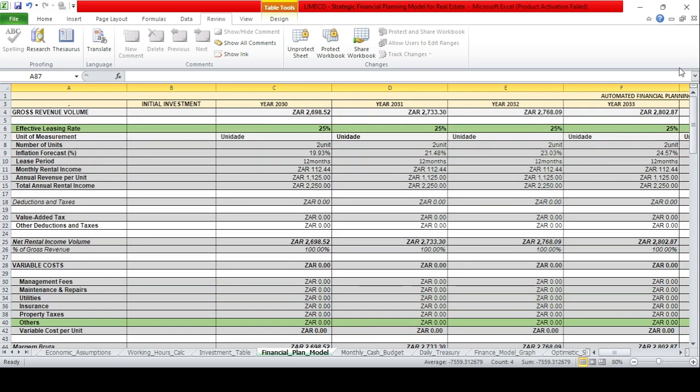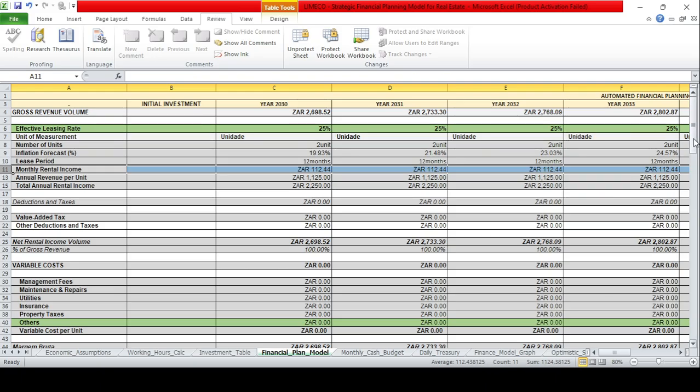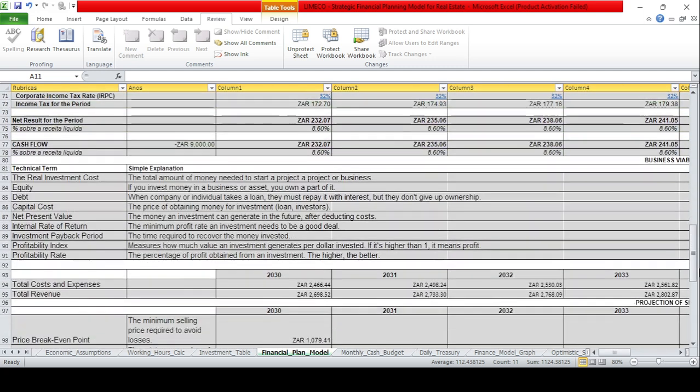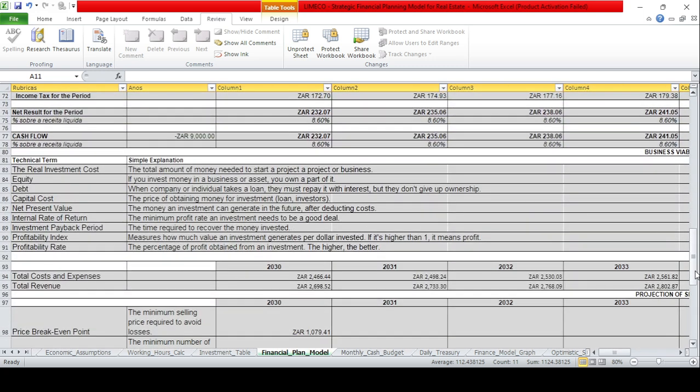Now after we define the amount of investment, we get the monthly rental income. Then let's see if it is viable.